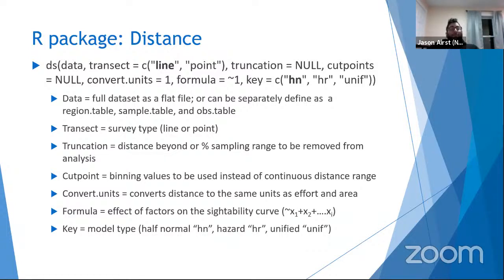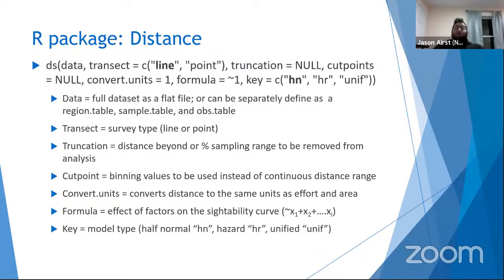Transect tells the computer whether we're doing a line survey or a point survey. Truncation is used to create a right truncation, which means you are removing values that are farther away from the line because you think that the locations that are really far away from the line are overly influential or are, in fact, mistakes that were made.